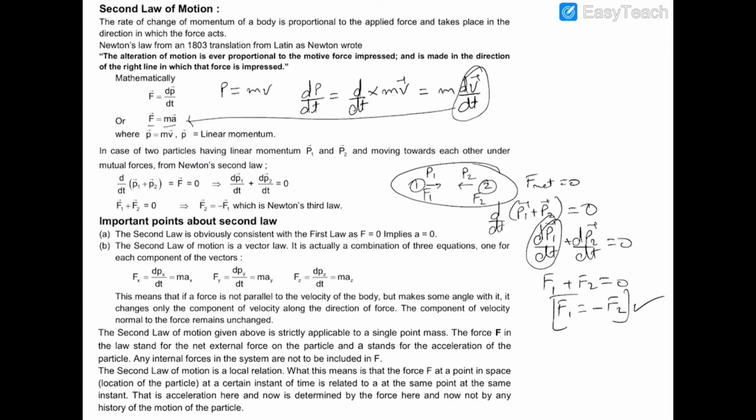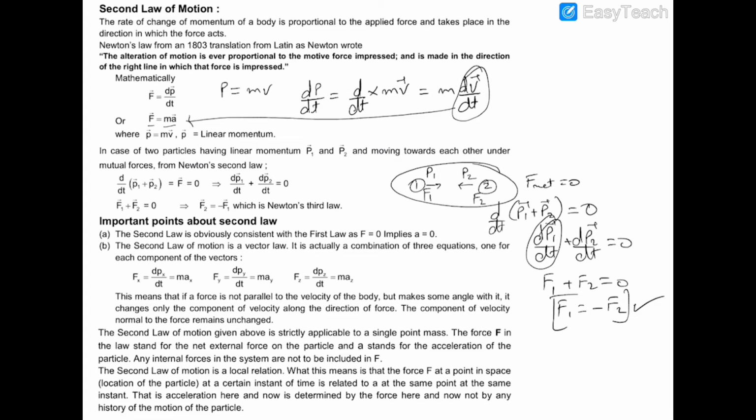Now, if we apply this second law in vector form, then we know that there are three fundamental directions of motion: x, y, and z. A force acting on the body in the direction of the x-axis will only change the momentum along the x-axis.